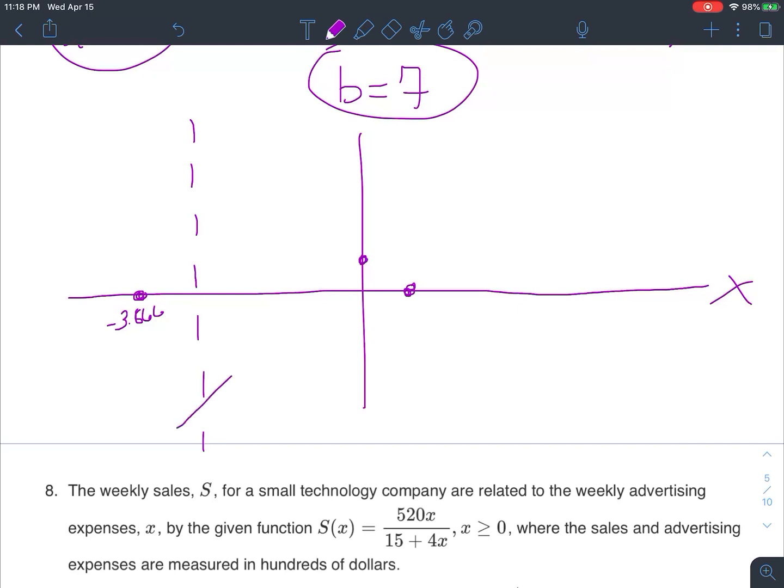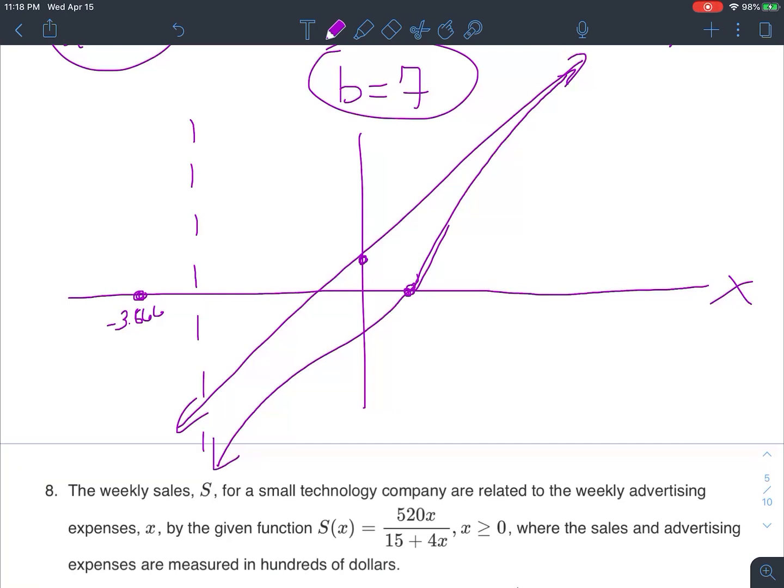Goes like this. We have a 0 here, and I know that it has to reach that asymptote there. What goes on here? It doesn't go over the 0, so I've got to somehow get to my asymptote down here, and I've got to come. That's a single asymptote.